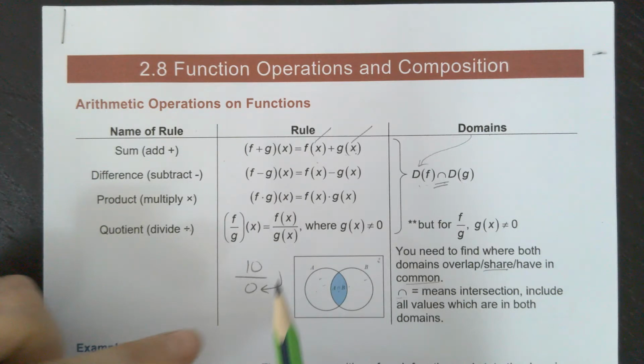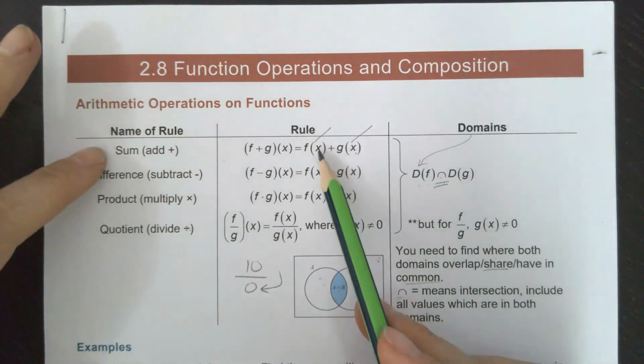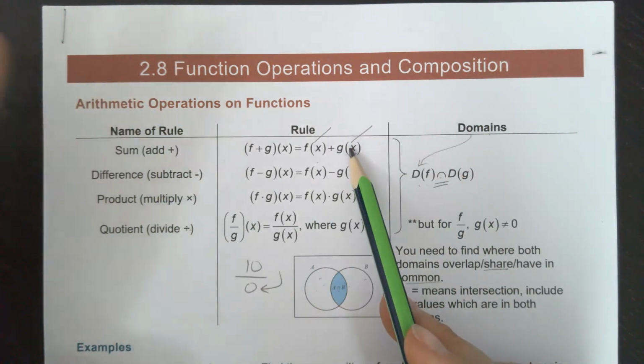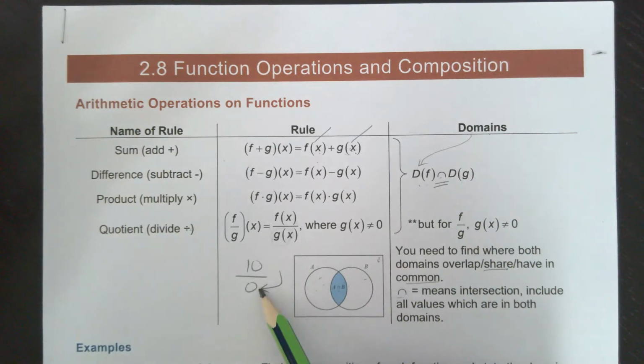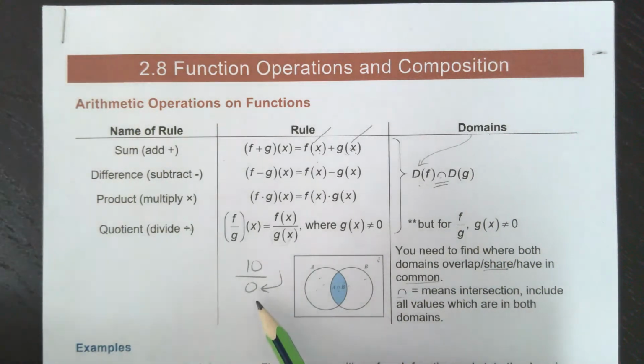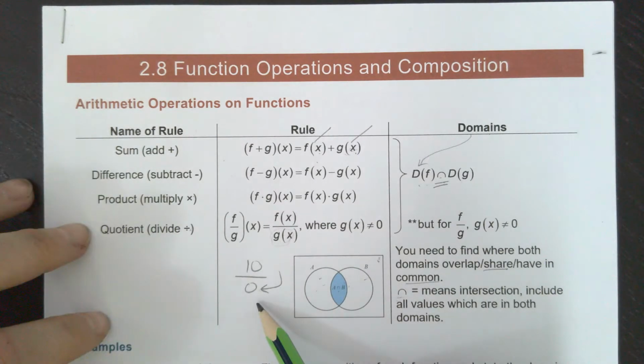So we say the domain is the intersection between the domain of F and the domain of G, but we have to check, can G of X ever be 0? And if it can, we remove that from the domain. We'll talk about that in a bit, so you understand.